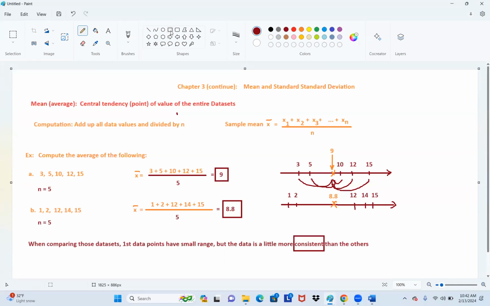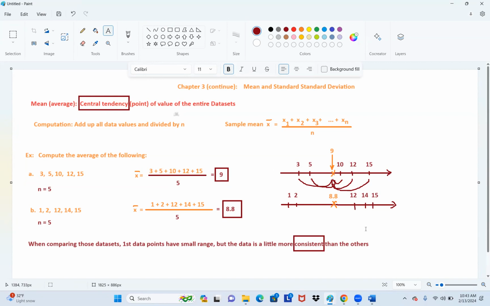Look at that. The average is simply the central tendency point of the entire data set. So it's always basically the central point. It's going to average out every single data set value, so it's going to make the total difference of the data set absolutely equal to 0.